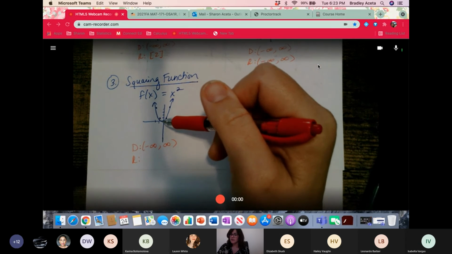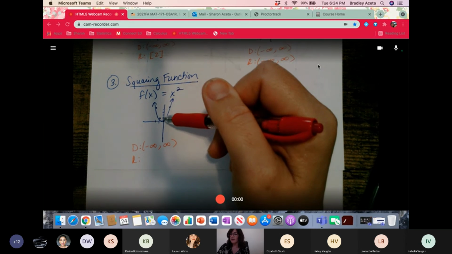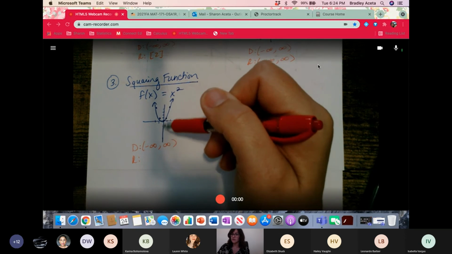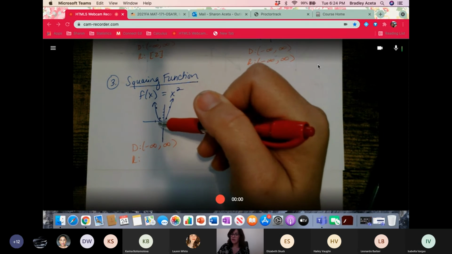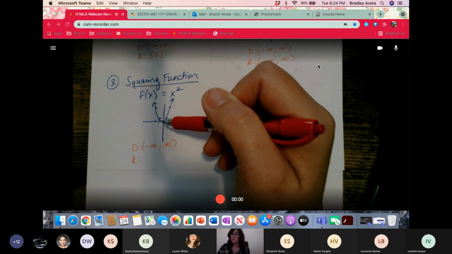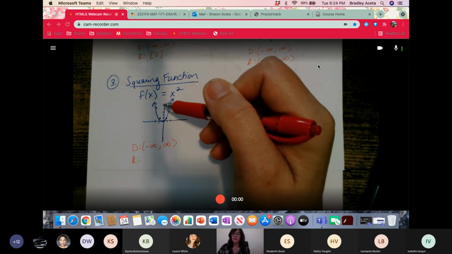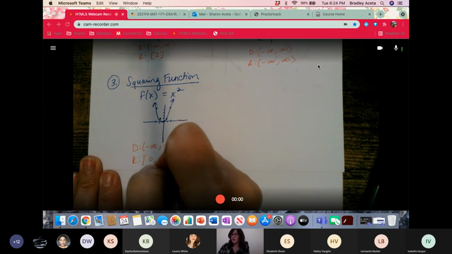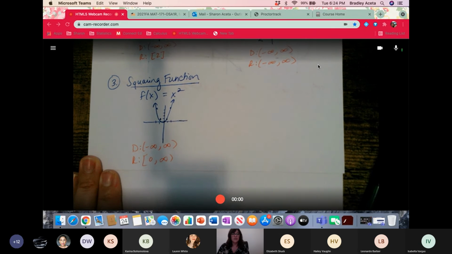Well, it starts here on the y and then goes up. Range, remember, is along the y-axis. There's no picture down here. There's nothing below 0. But I do have y values that are above 0. So I have values for y that are 0 and above, 0 to infinity. That would be your basic parabola.